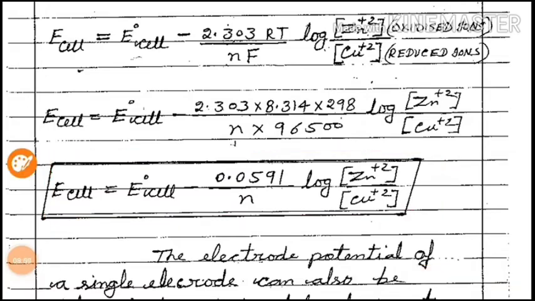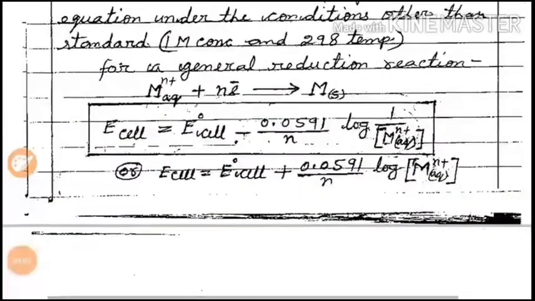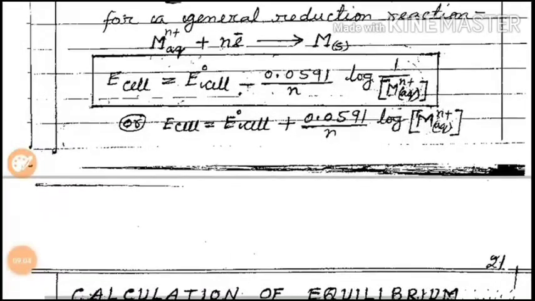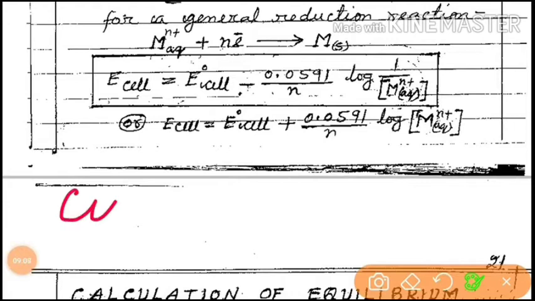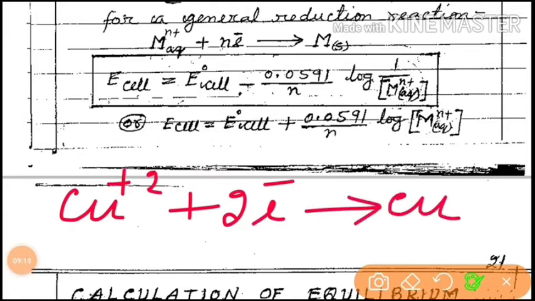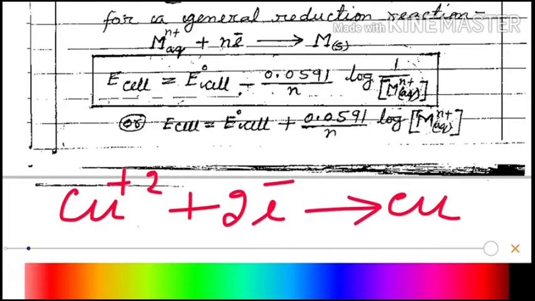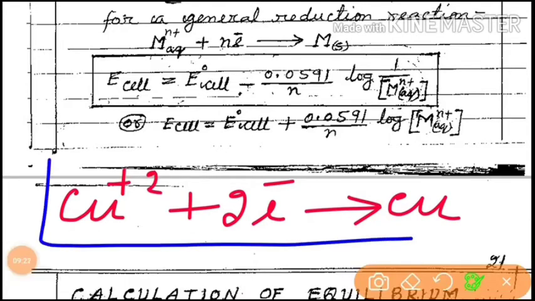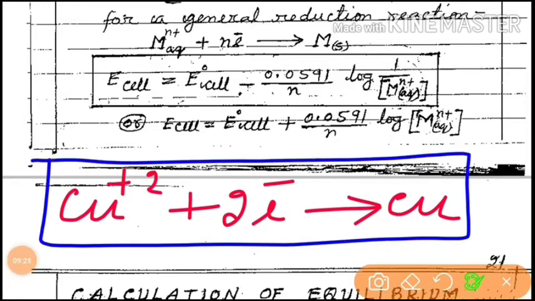Now we come to another point. If any single half cell is given, for example Cu plus 2 plus 2 electrons give rise to Cu, and we need to calculate the E cell for this, how do we calculate it?